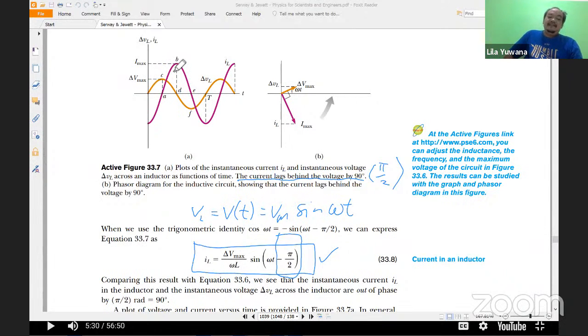So we can say that the current lags behind the voltage. Arus ketinggalan terhadap tegangan. Nah, itu ketinggalan sebesar Pi per 2.